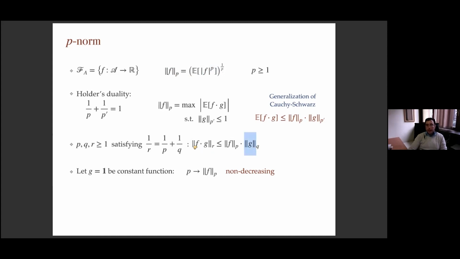So what I get is that the r norm of f is at most the p norm of f.